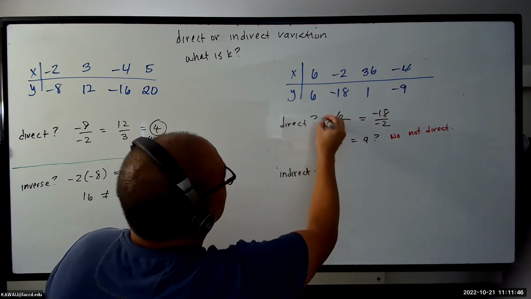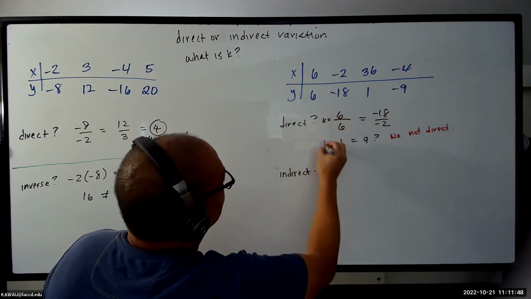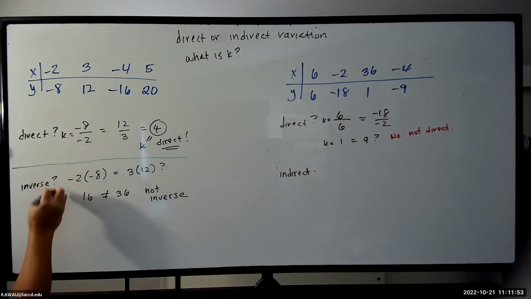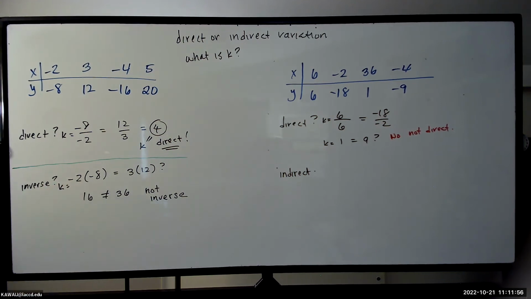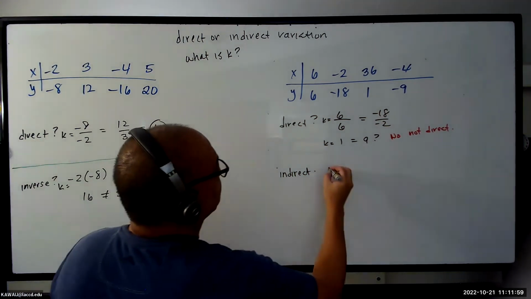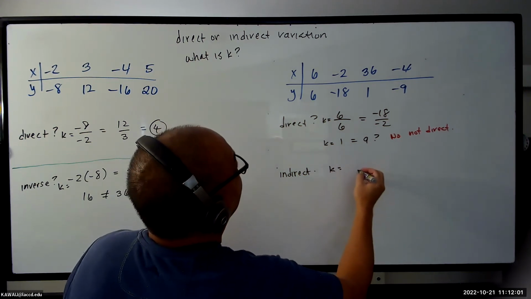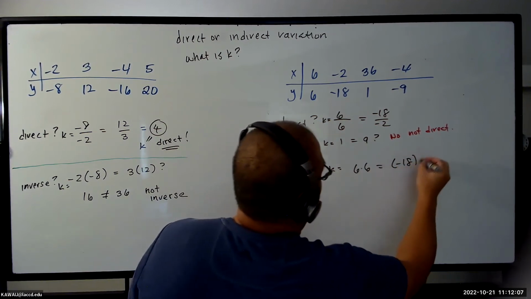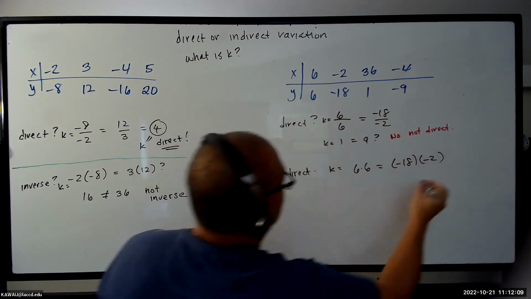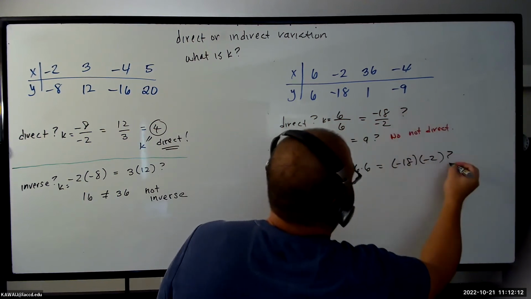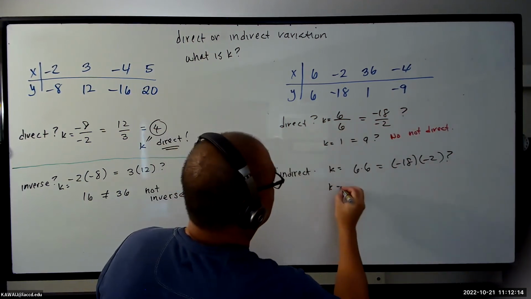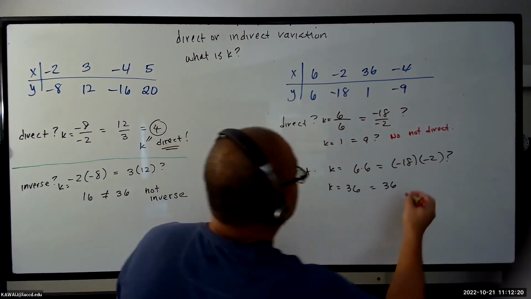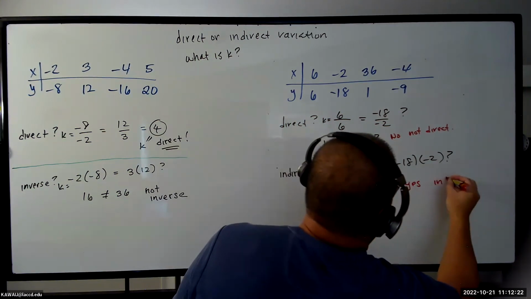All right, so this is my K. I should probably put a K here. So if it's indirect, then we're looking at multiplying. Is 6 times 6 equal to minus 18 times -2? And the answer is yes. K is equal to 36, and this is equal to 36. So this is yes. So it's indirect.